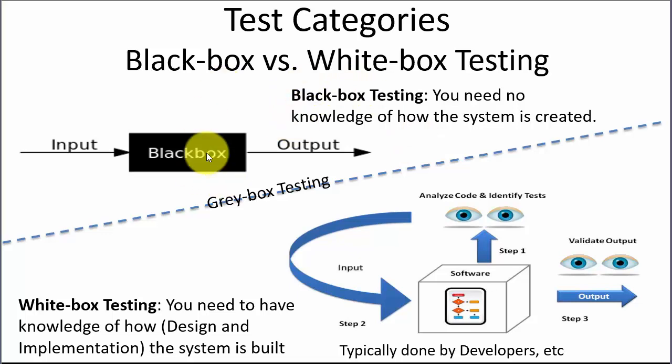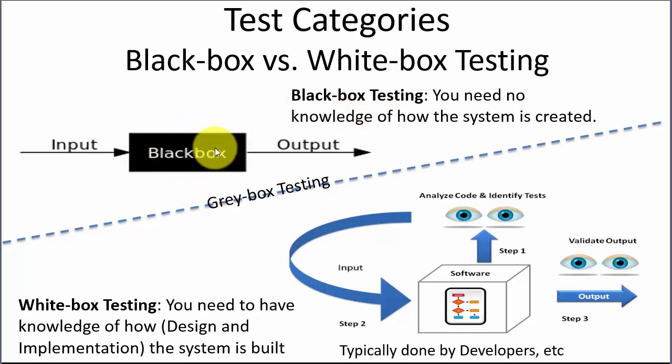We also have some other test categories. We typically divide into what we call black box testing. In this case, you don't need any knowledge of how the system is created.